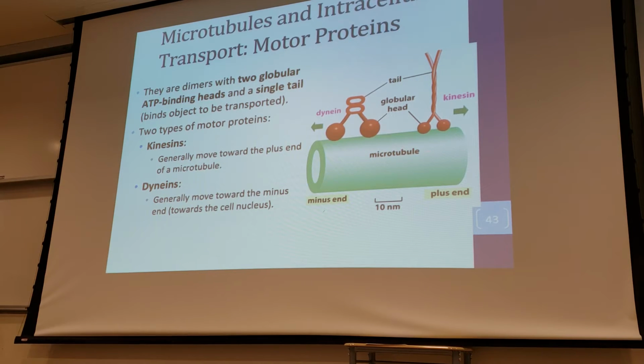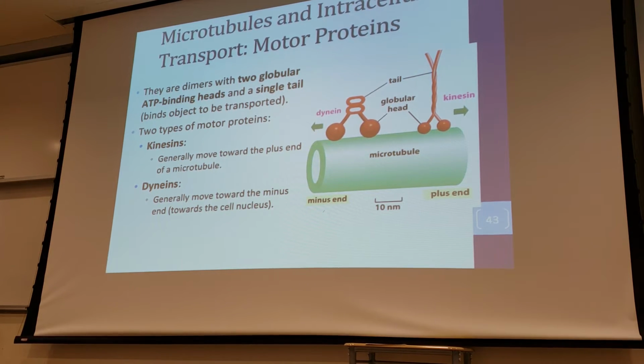So we just talked about myosin that uses actin. These guys are traveling on the microtubules made of tubulin. So dynein and kinesin are moving things in opposite directions. If you start them at the same spot and you let them go, they're going to be walking away from each other or trying to walk towards each other.